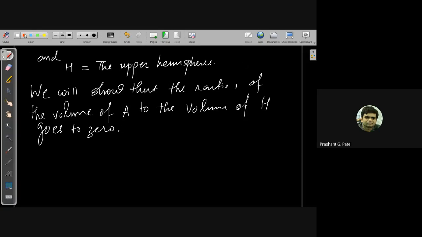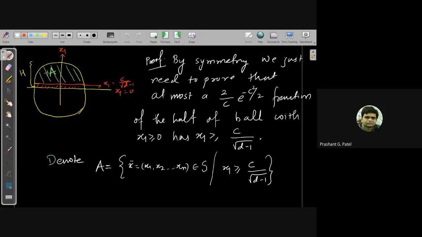What we are actually doing is trying to prove that the volume of A divided by the volume of H tends to 0. Then we are through, because it will say that for the whole upper hemisphere, most of the volume lies in between these two lines, that is this pink, yellow line and red line.